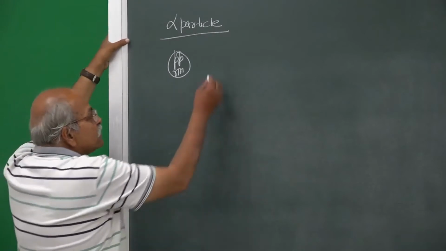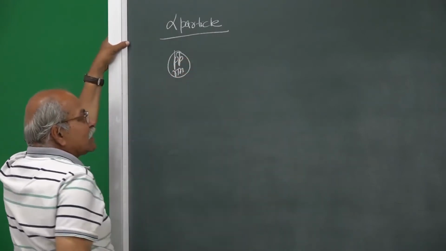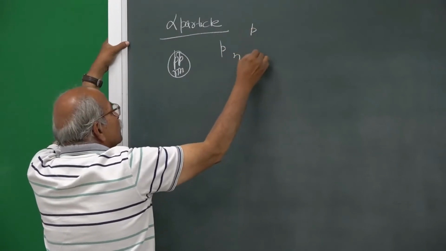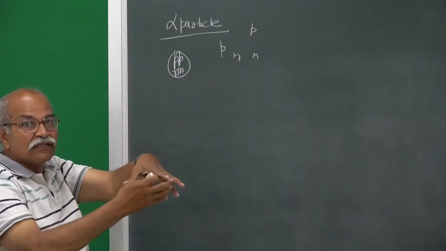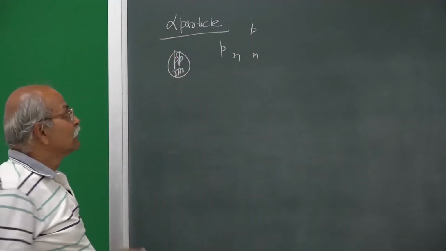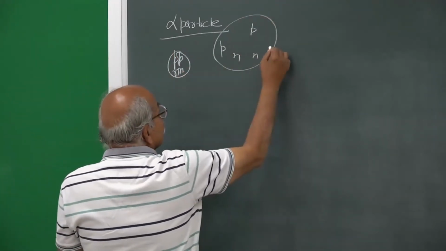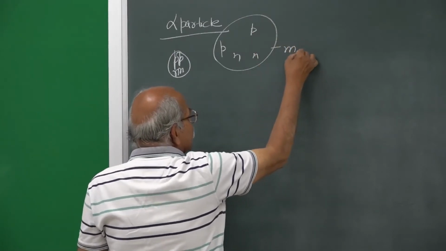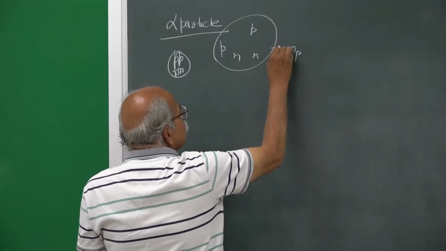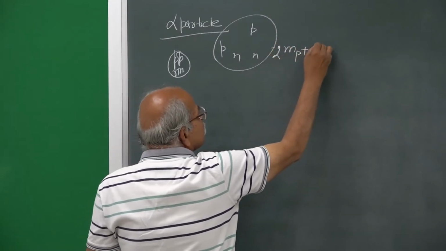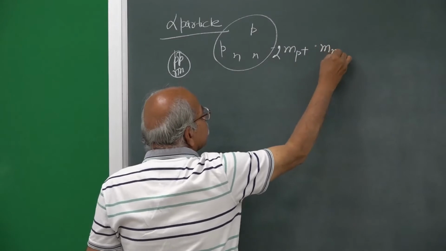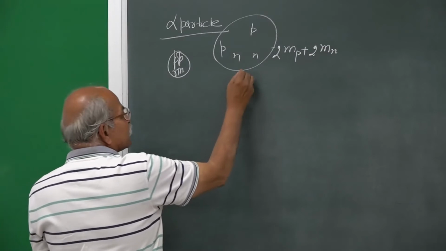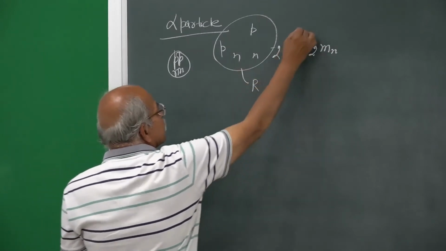Now, if you consider the 4 particles separately, p, p, n, n, not in a nucleus but separated from each other, what is the rest mass here? The rest mass will be 2 times the rest mass of proton plus 2 times the rest mass of neutron, or the rest mass energy if you write it in this combination.